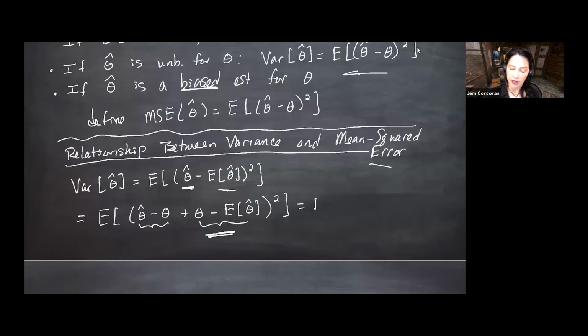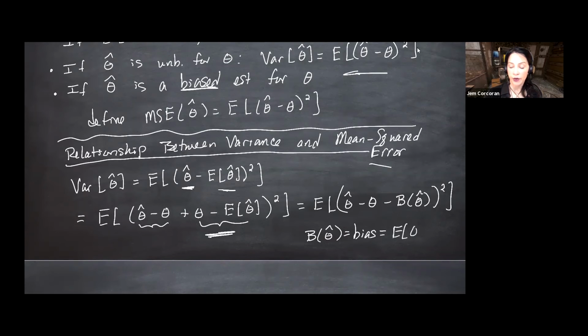So this is the expected value of theta hat minus theta, minus the bias for the estimator theta hat. So recall that the bias is defined as the expected value of theta hat minus the thing you're trying to estimate.